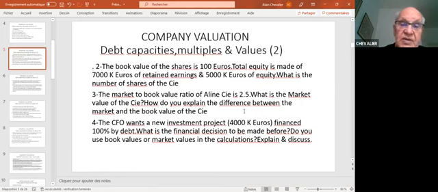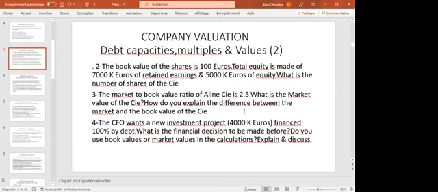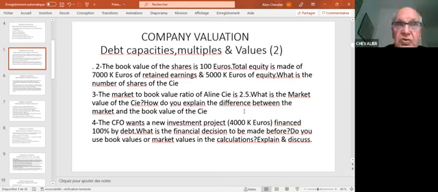It will probably be better, and this is one discussion in that kind of very simple case, if we decide to make an equity issue, to design an equity issue with a larger amount of cash, perhaps something about 3,000 or 4,000 euros instead of 1,000, to keep a potential positive debt capacity. So this is point 4.